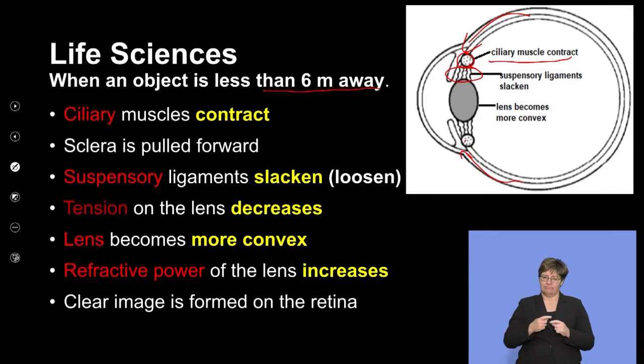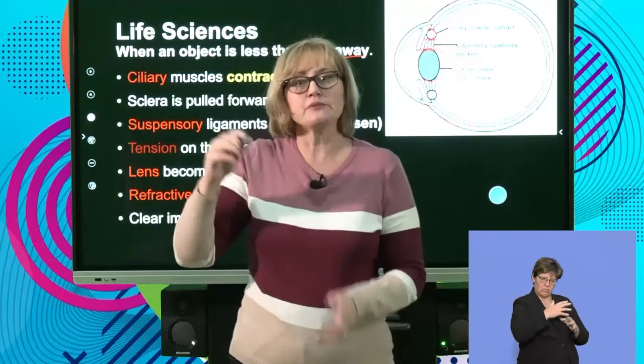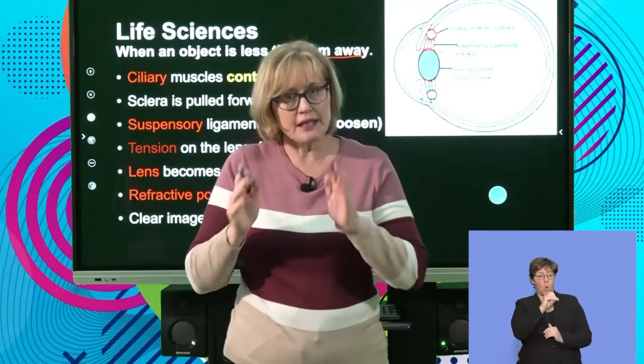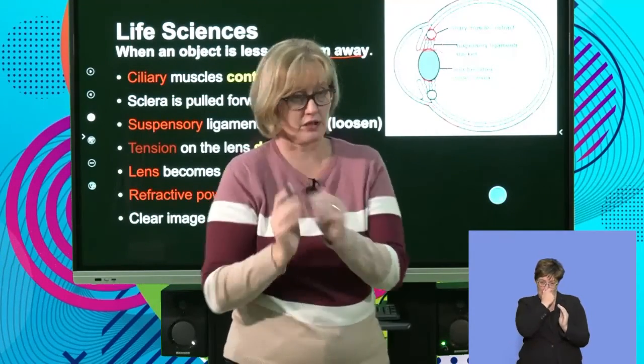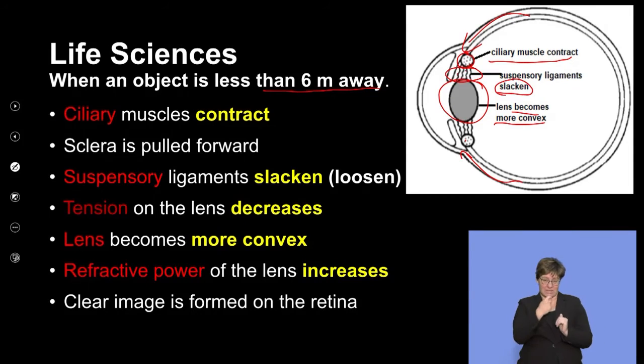Right, so when they are slacking or becoming loose, there's less tension on this lens, so the lens becomes more convex. Don't say becomes convex. The lens of the eye is always convex. It just becomes more convex. Okay, so when it becomes more convex, we saw that it will refract the light more.